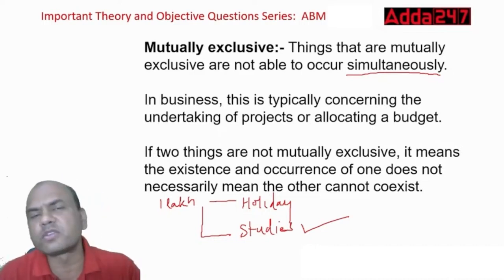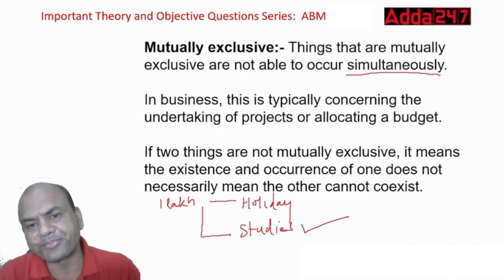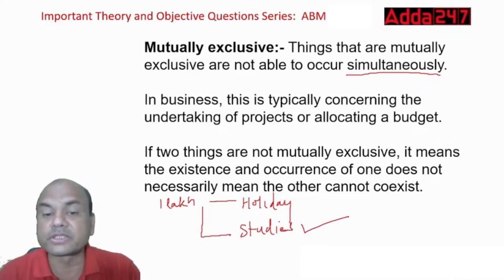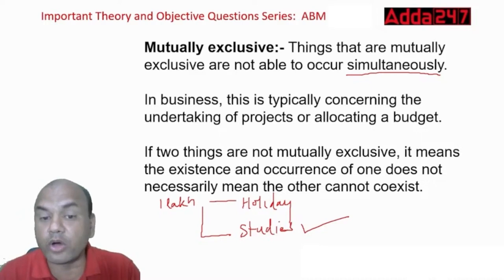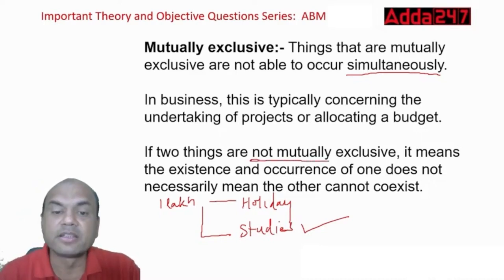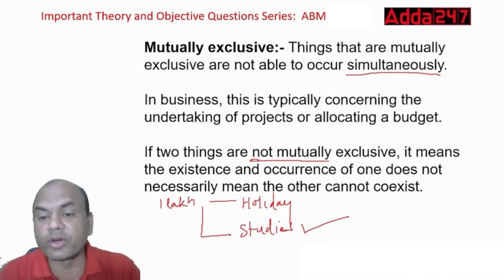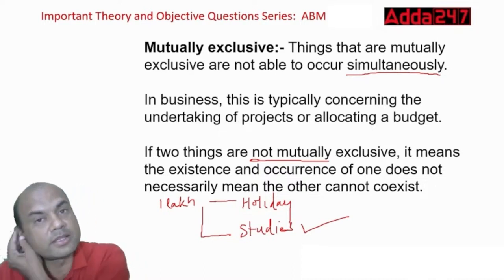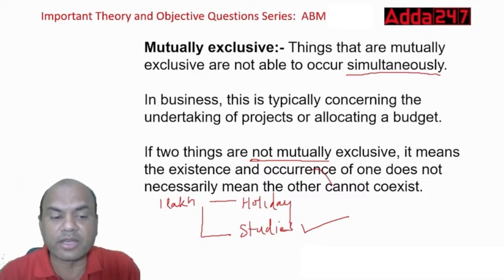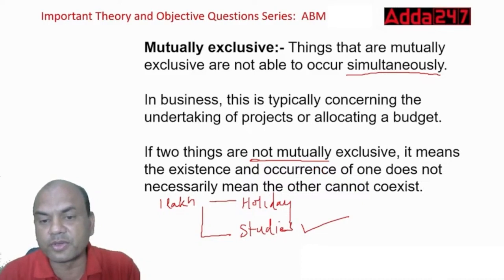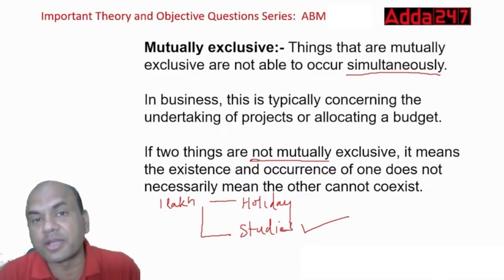Similarly, in companies also we face the same problem. Budget is limited and projects are many. If two things are not mutually exclusive, it means they can occur simultaneously. The existence and occurrence of one does not necessarily mean the other cannot exist. Whenever I say something is mutually exclusive, both the things can't occur at the same time.